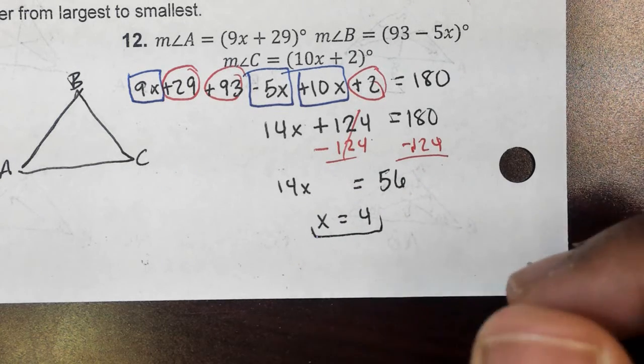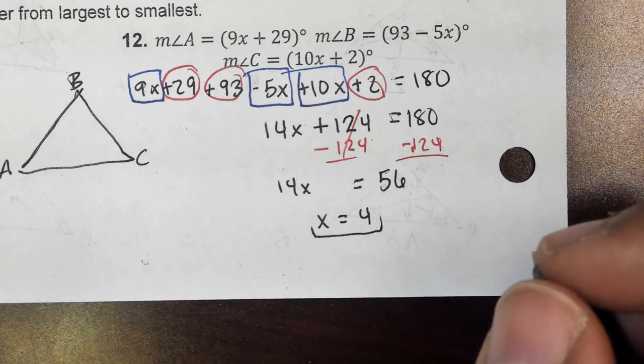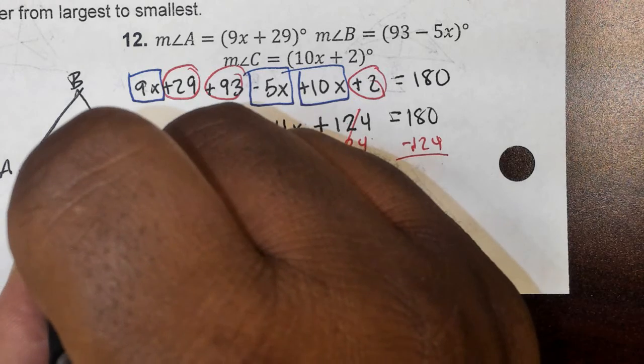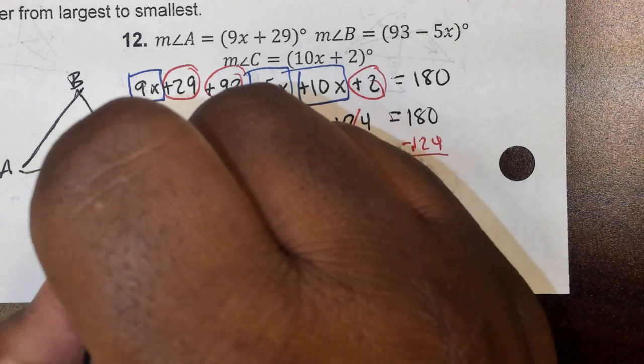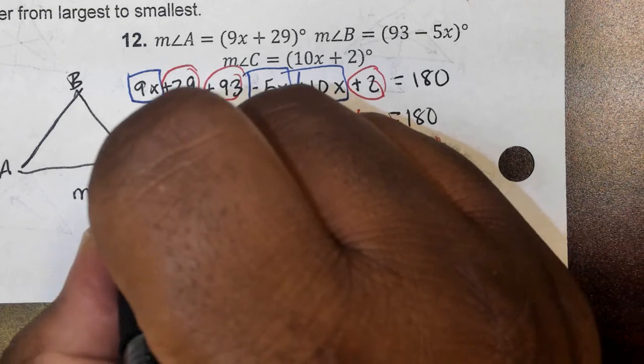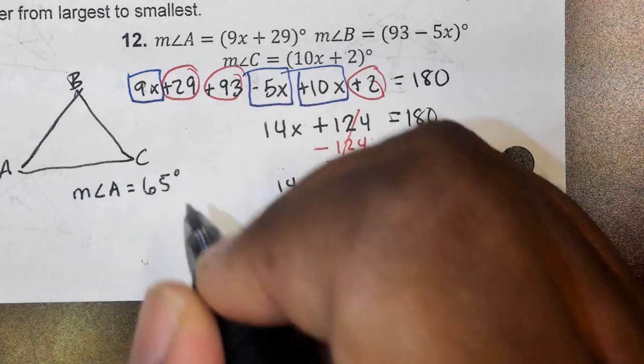That's just the value of x. Obviously, we want to find our angles. Measure of angle A is going to be 65 when you plug in.